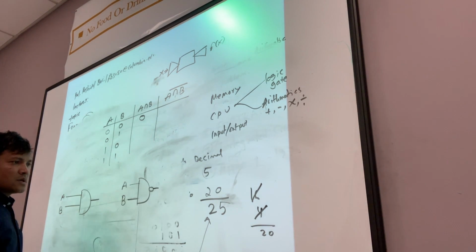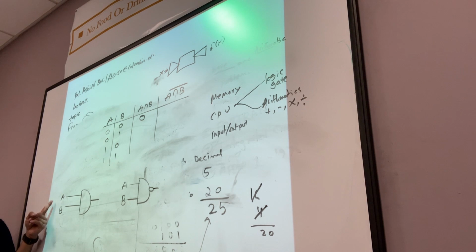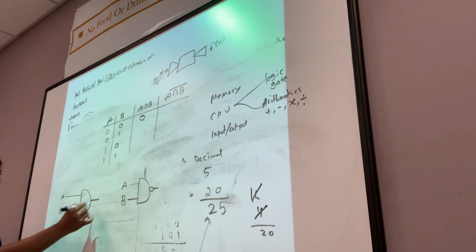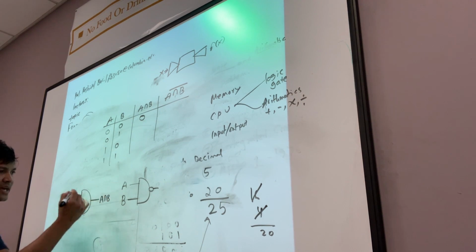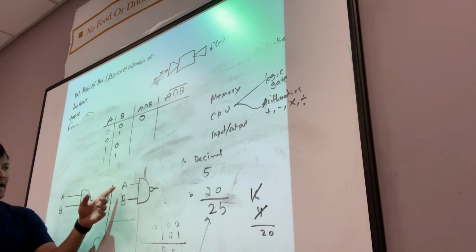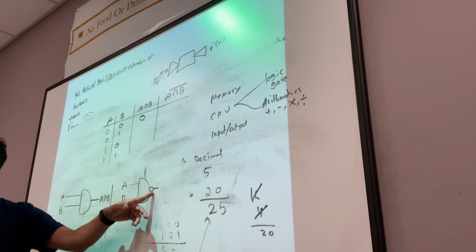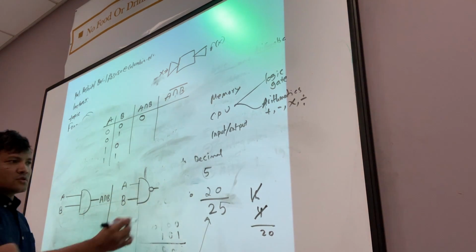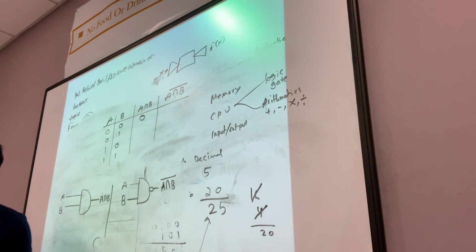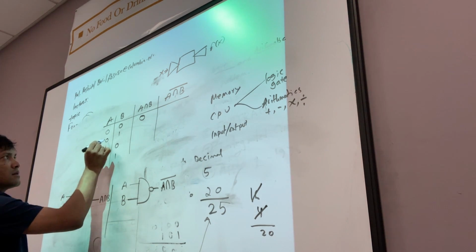So if A is 0, B is 0, what is A and B? 0. So instead of 0, I'll just put A and B general. If A is 0, B is 0, what would be the complement? 1. So I'm gonna write A and B, not. A, not, and B.